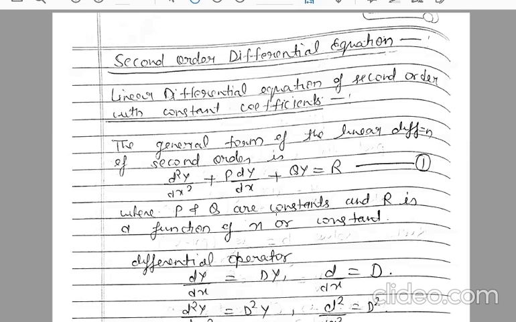So prepare this topic, and related to it I will discuss variation of parameter, Cauchy-Euler equation, and Lagrange. A 7.5 or 15 marks question can come from variation of parameter, Cauchy-Euler equation, and also Lagrange equation, right? So let's first see the linear differential equation of second order with constant coefficient.